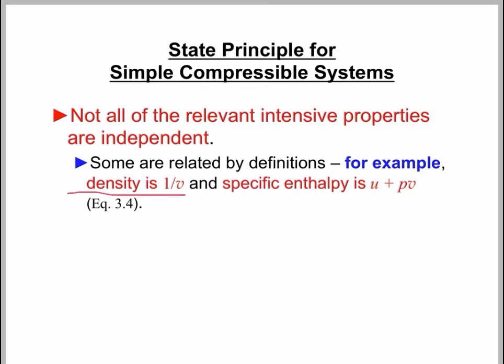So you could not use density and specific volume as two independent parameters. Similarly, because enthalpy contains the specific volume in it, it is not necessarily an independent property. So we need to be sure that the two properties that we have are independent.